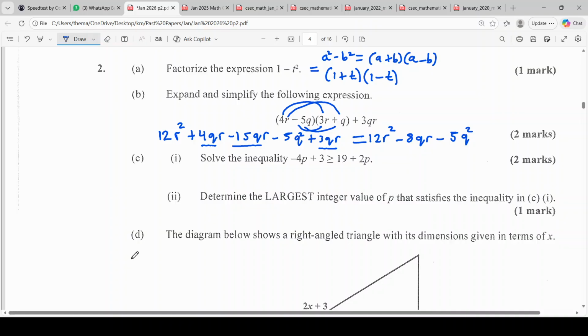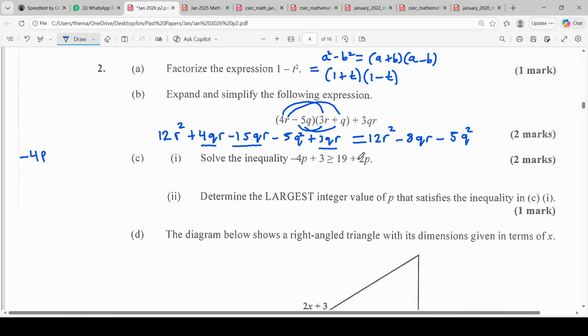C1. Solve the inequality. Right, so when we solve inequalities, we solve them just as how we would solve an equation. So we want to solve for p. That means we're going to bring all the p terms across on the left hand side and all the non-p terms across on the right hand side. So we have negative 4p, so we will write that back as negative 4p.